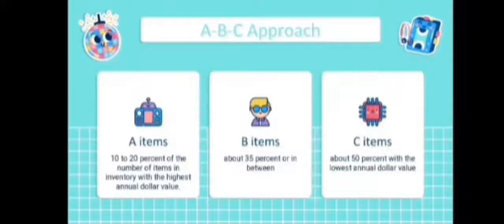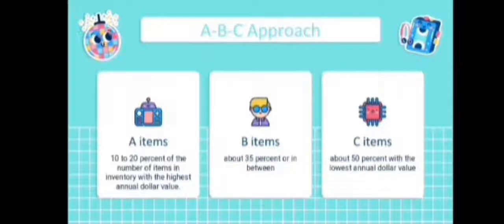These percentages vary from firm to firm, but in most instances, a relatively small number of items will account for a large share of the value or cost associated with an inventory, and these items should receive a relatively greater share of control efforts.